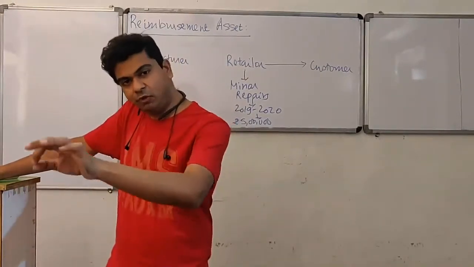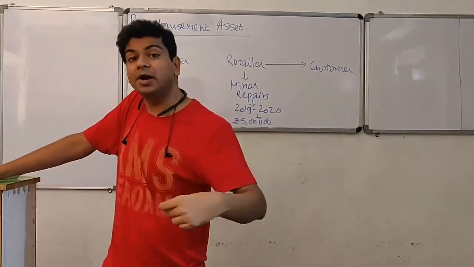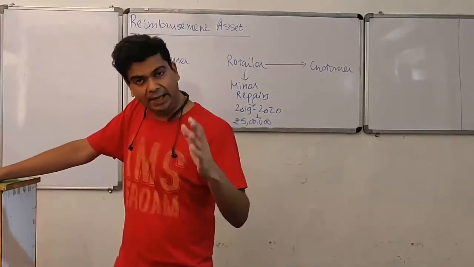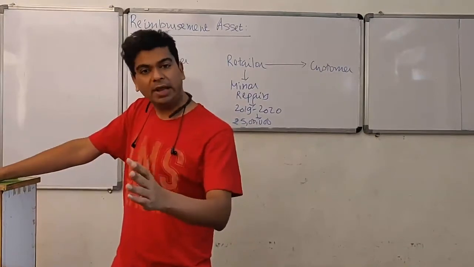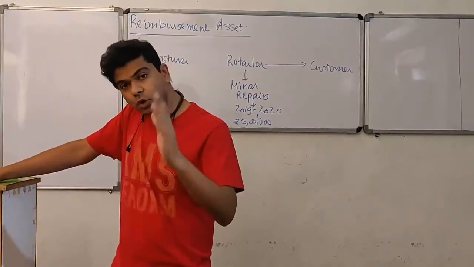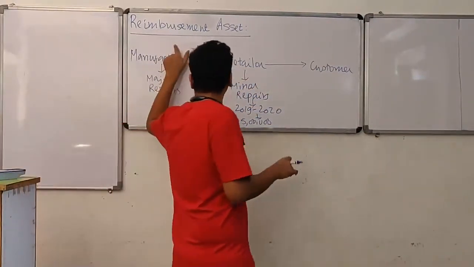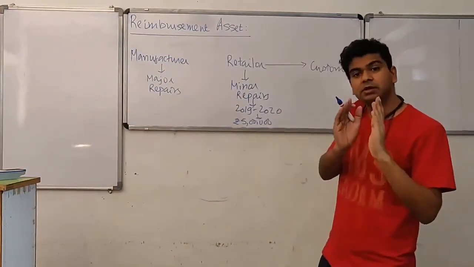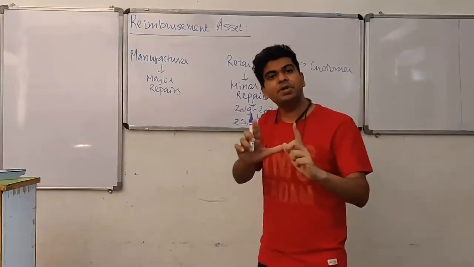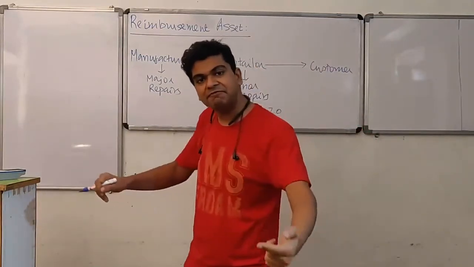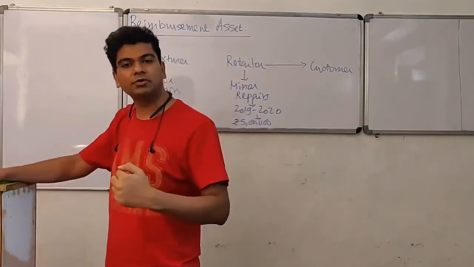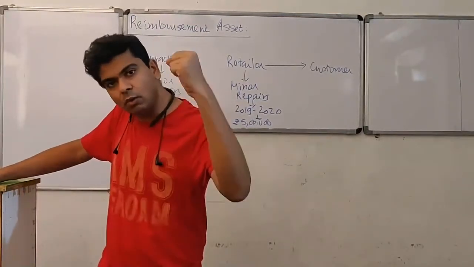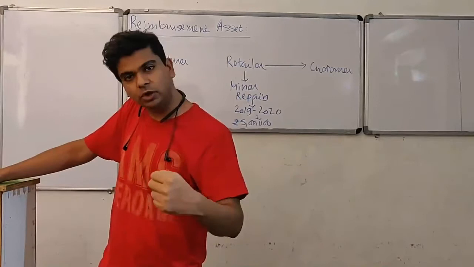See, an inflow of resources which is not 100% confirmed is a contingent asset. And we know it very well. Contingent assets cannot be provided for in the books. So, the realization of the reimbursement asset should be virtually certain. Virtually certain means you should be 100% sure that there will definitely be an inflow of resources. If you are 100% sure that we will collect it, only then you can show it in your books.